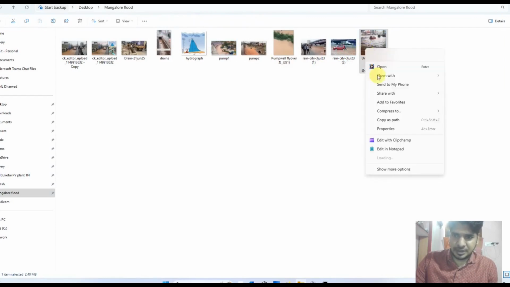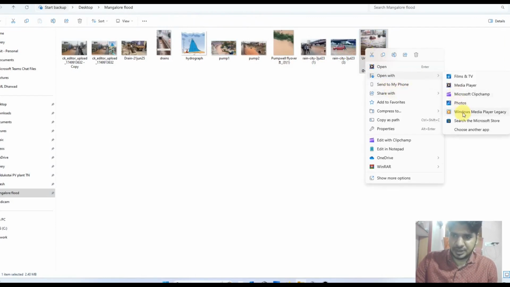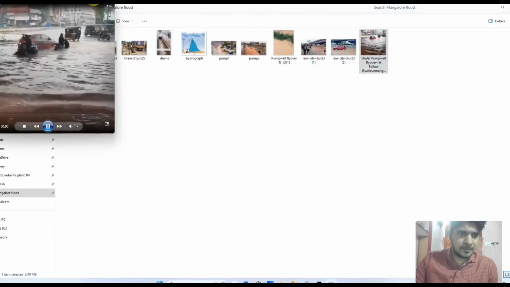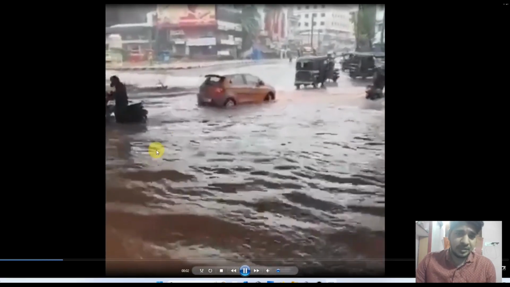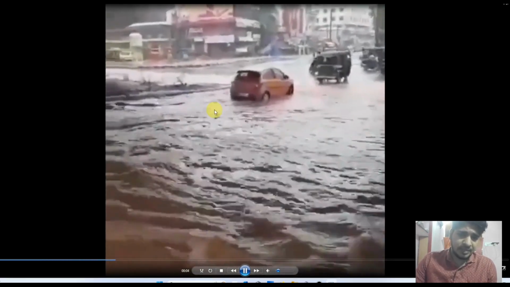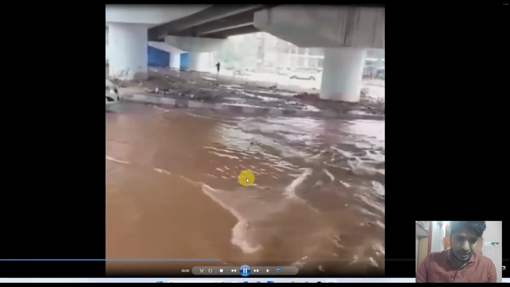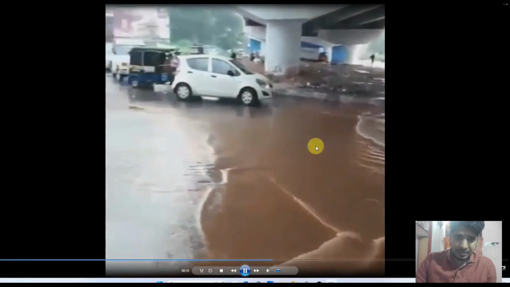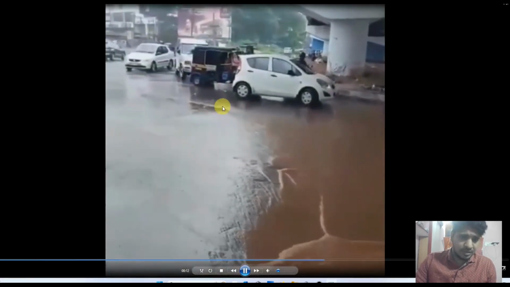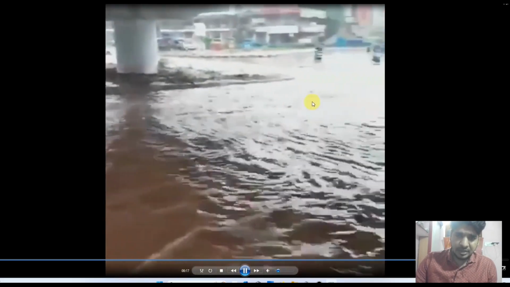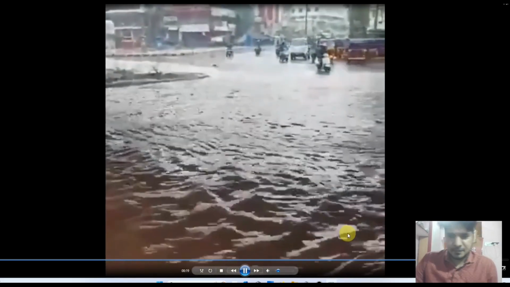Let me open this video. So this is another video. It is right below the underpass. You can clearly see a depth of water which is around feet, or more. You can see this stagnation of water right below the underpass.